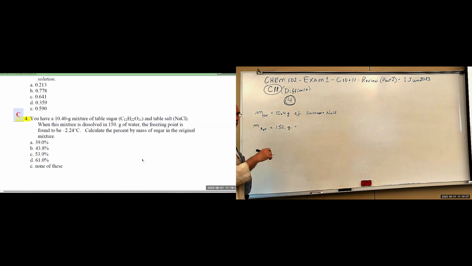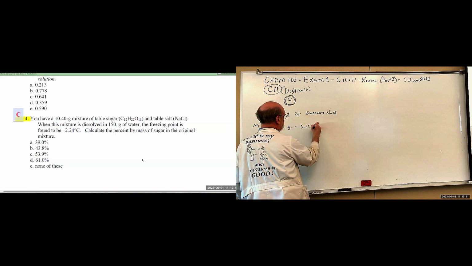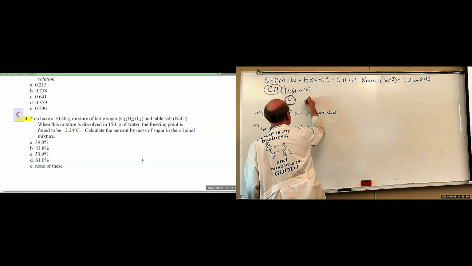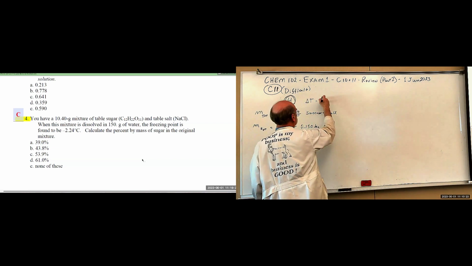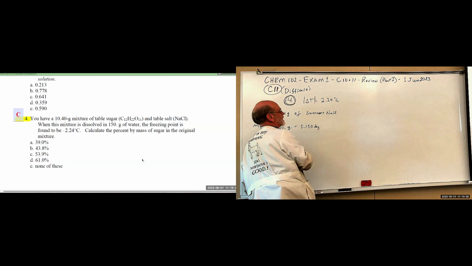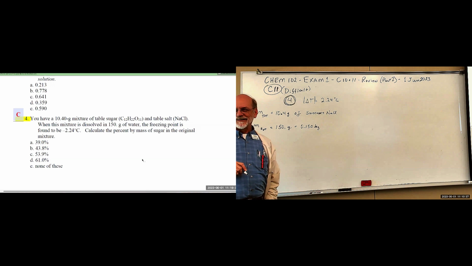We know we're going to have to calculate molality, so let's just make it kilograms: 0.150 kilograms. That's the solvent. And the delta T, the change in temperature of this solution, is 2.24 degrees C. I'm only interested in the absolute value. I don't need the minus sign to do the calculation for freezing point depression.